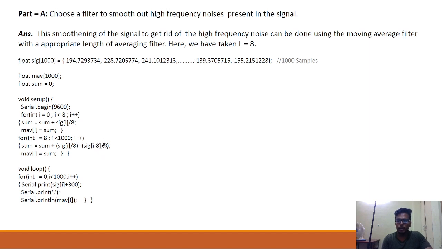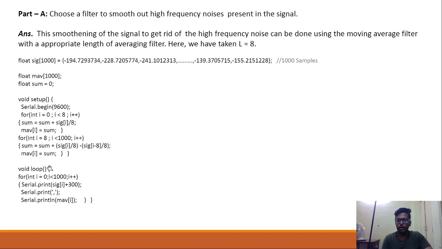Here I minus 8 represents the sample which was 8 samples before the current one. This has been done to improve the time efficiency of the algorithm. Now we assign this sum to the moving average value of I. So now we have calculated our moving average filter for the 1000 values of the signal.